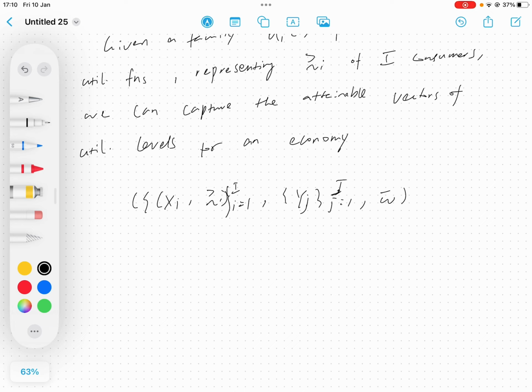Okay. So specified by means of the utility possibility set. Okay, utility possibility set.